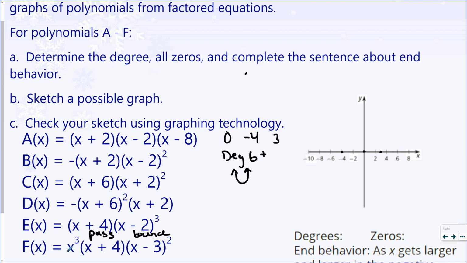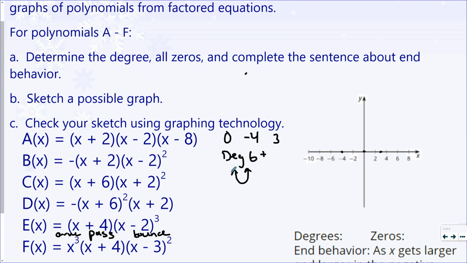Okay. And then finally, this x to the third, remember what an x to the third does. It has an S-curve. And so it's going to curve through the x-intercept of 0. Okay, so here's how it works.